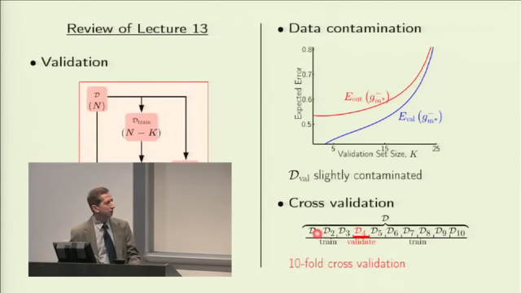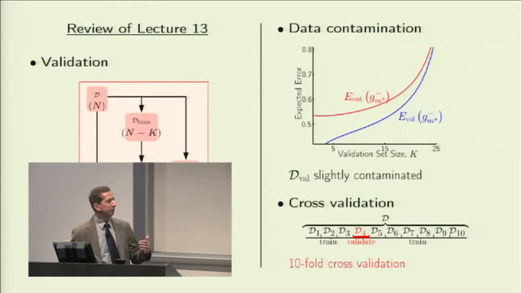And you keep repeating as you choose the validation subset to be one of those. So you have 10 runs, and each of them gives you an estimate on a small number of examples, 1/10 of the examples. But by the time you average all of these estimates, that will give you a general estimate of what the out-of-sample error would be on 9/10 of the data, in spite of the fact that they are different 9/10 each time.